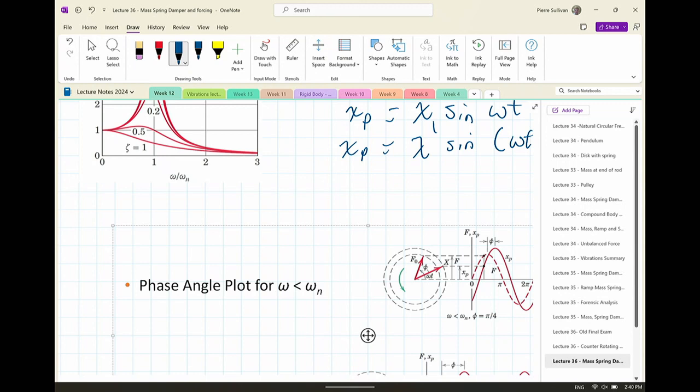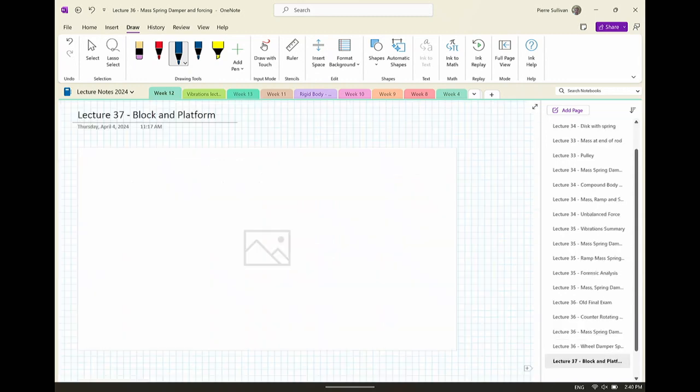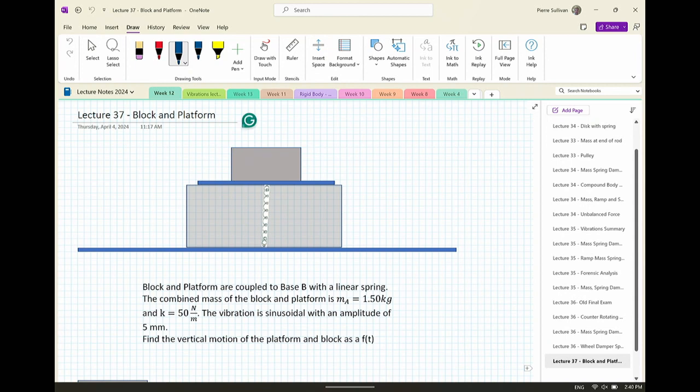That's the general solution. When you have forcing, we in this course do not have any terms left.